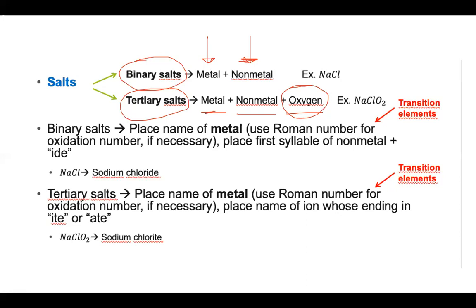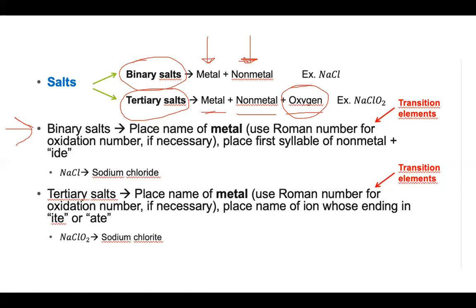Binary salts are named as follows. First, we name the metal as it appears in the periodic table. It's very important that we use Roman numerals if we have a transition element, remembering that transition elements are the ones in the center or the ones that have multiple charges. We want to review them in a moment.